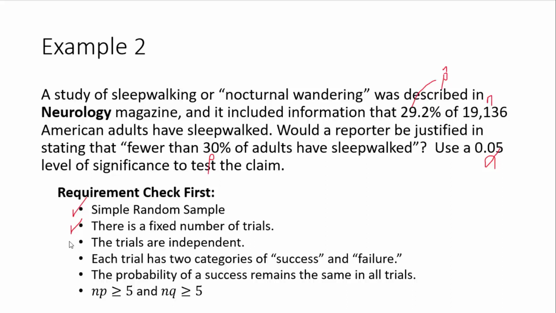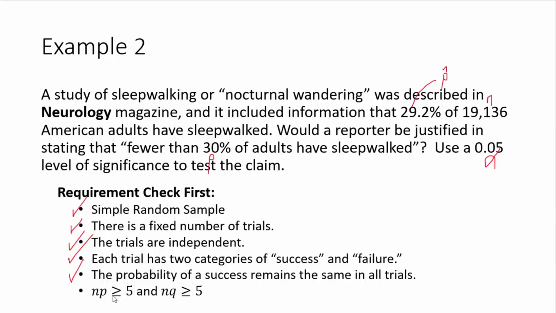Trials are independent. If one person sleepwalks, the other one won't necessarily. Success or failure, they either will or they won't. The probability of success remains the same in all trials. So far as we know, the percentage is going to be what the percentage is. There's nothing that's going to change it, like taking a card out of the stack or something like that.